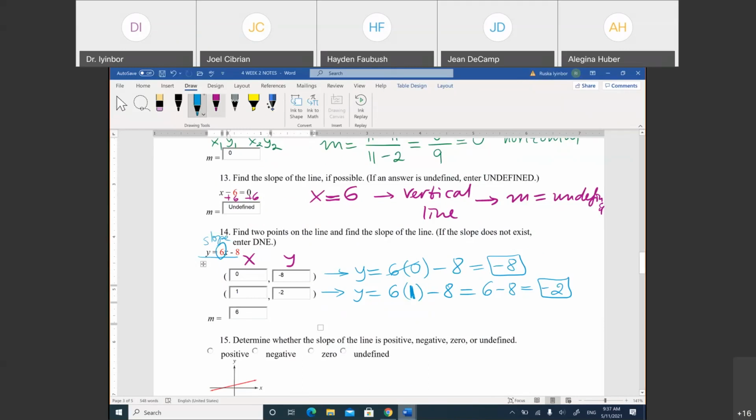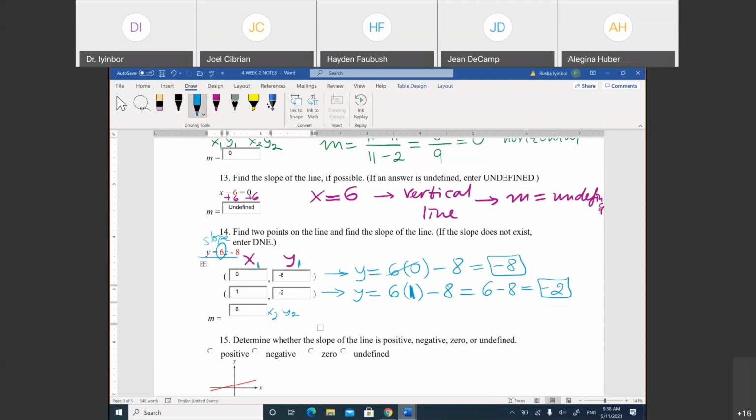And I can show you the formula. You're going to get 6 also. So let's use the formula also. Let me name this first. The first point is x1, y1. And this is x2 and y2.